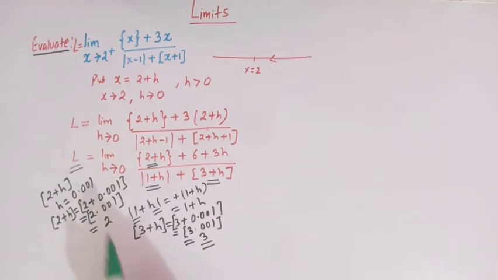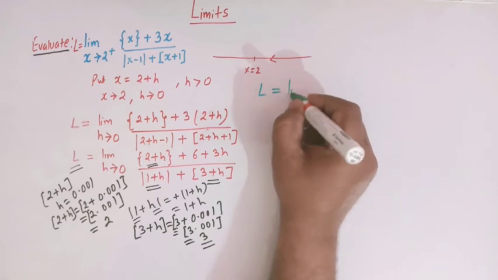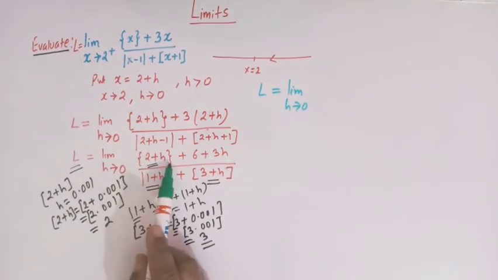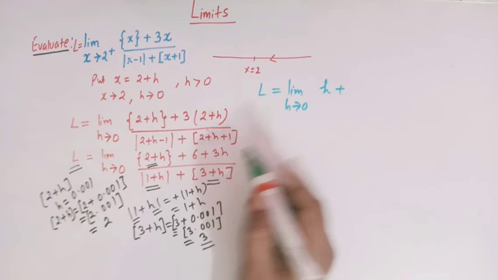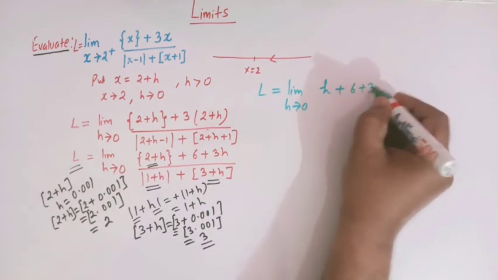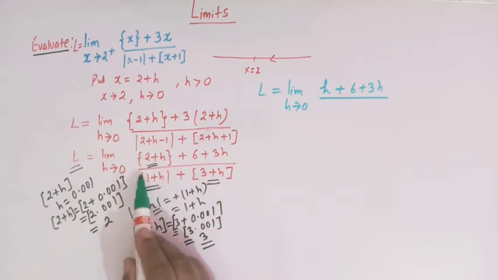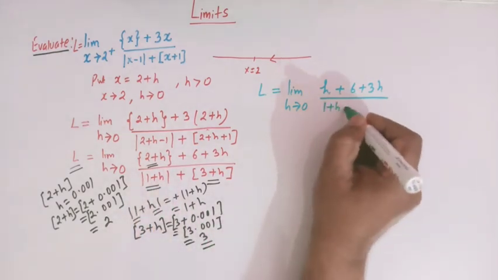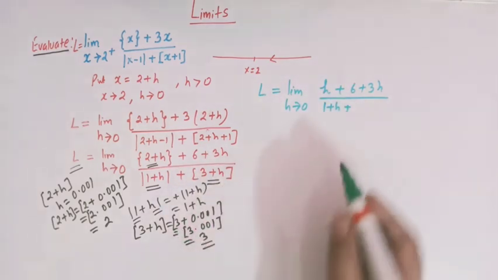So now viewers, we can write this limit L as the limit h tends to 0, and for the fractional part of 2 plus h we can write h, and we have 6 plus 3h, and in the denominator we have the mod of 1 plus h, which can be written as 1 plus h, and for the greatest integer of 3 plus h we can write 3.